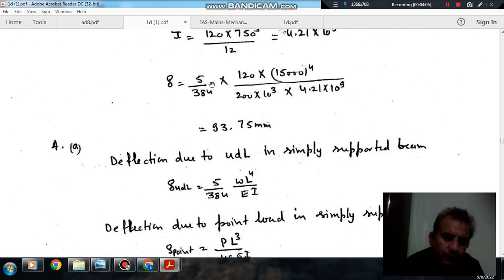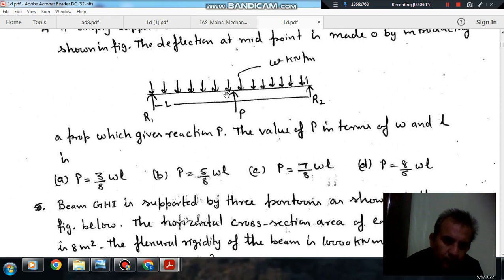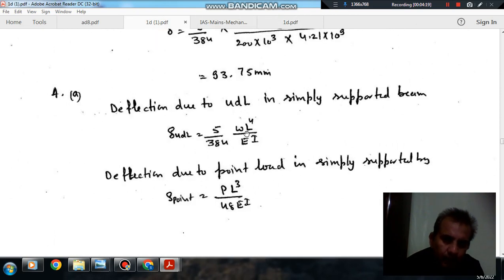In case of UDL, the deflection is given by 5 by 384 WL⁴ by EI. So as here the UDL is W, if we do not consider the prop, then the deflection at the midpoint is 5 by 384 WL⁴ by EI.